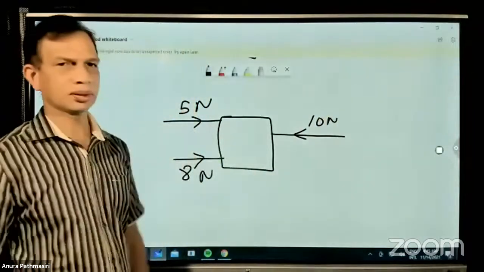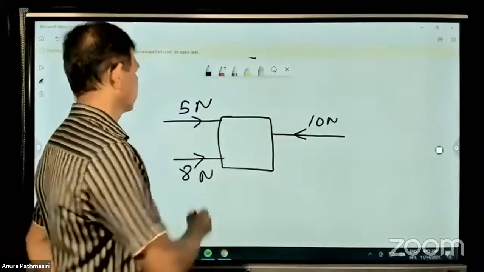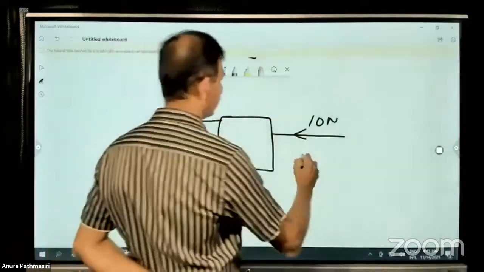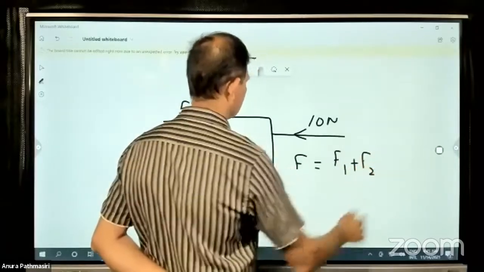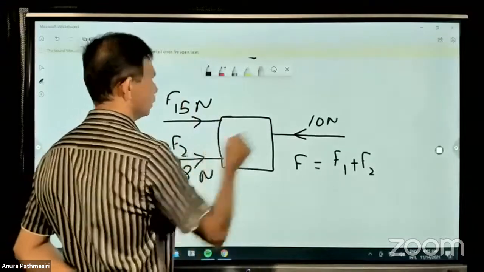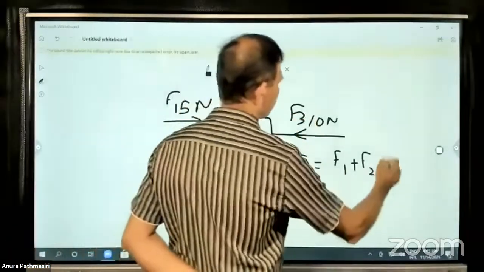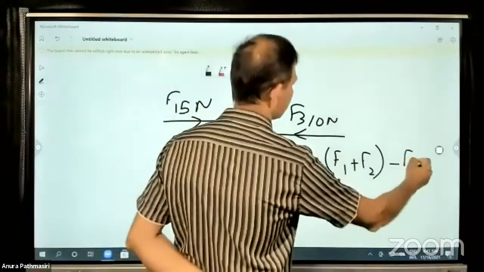So what is the resultant of the forces applied on this object? First you have to say F equals F1 plus F2, this is F1, this is F2, and this is F3. And then reduce the opposite direction, F3.